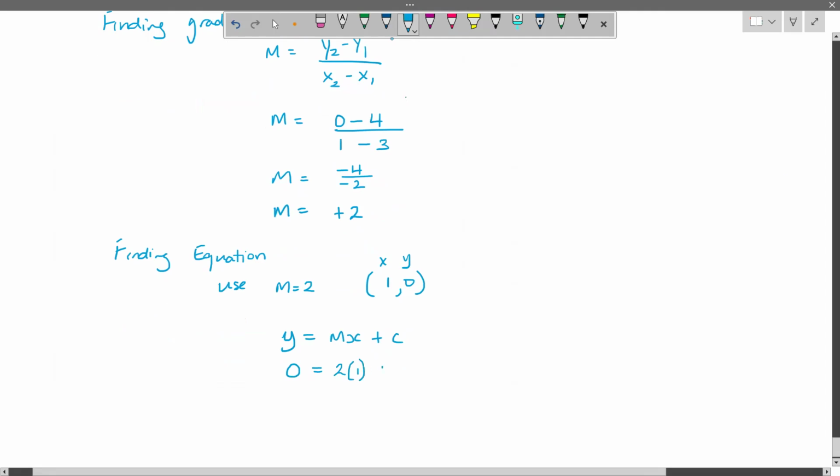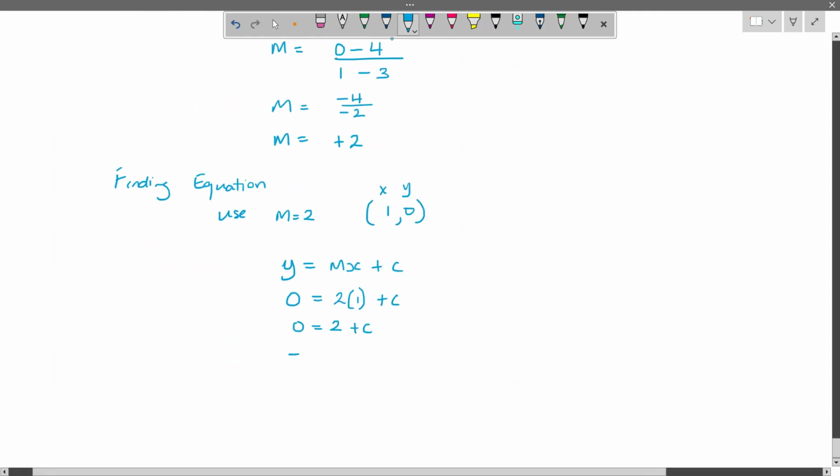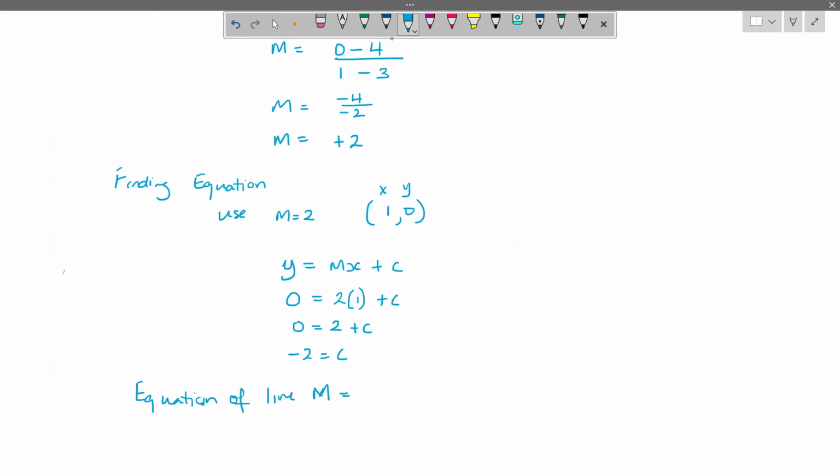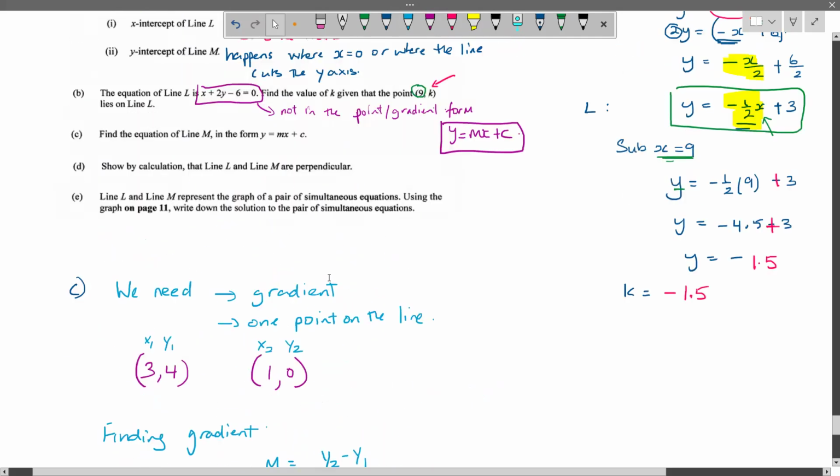X is going to be 1 plus c. This is 2. So c has to be, when I carry the 2 across, negative 2. So the equation of m will be y is equal to 2x minus 2. Yeah? And that's how we're working out part C.